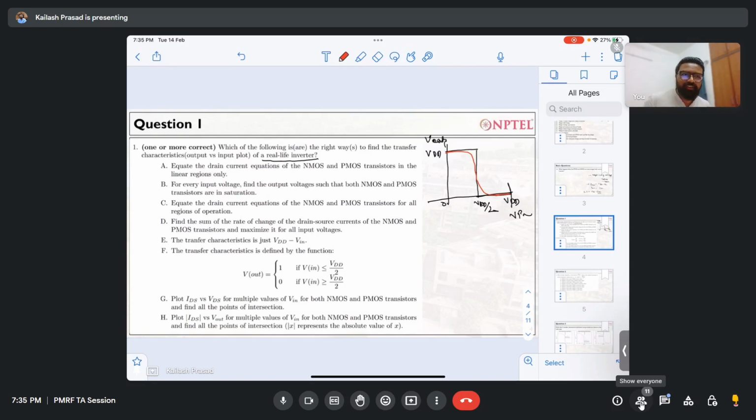Anyone has any other argument? So what one student is saying is that both G and H are correct. Anybody else?